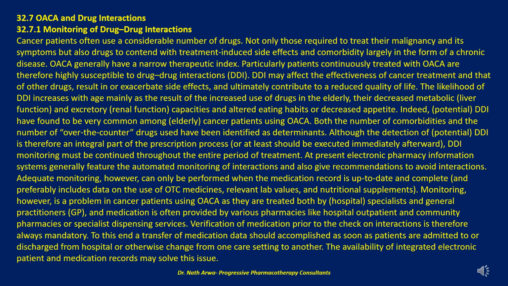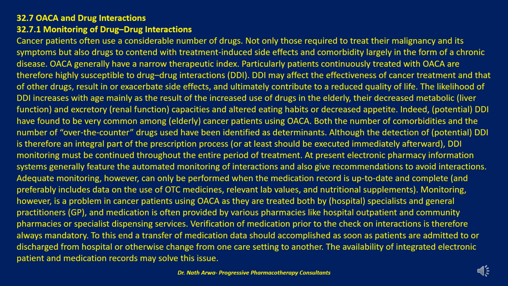Although the detection of potential drug-drug interactions is therefore an integral part of the prescription process, or at least should be executed immediately afterward, drug-drug interactions monitoring must be continued throughout the entire period of treatment.